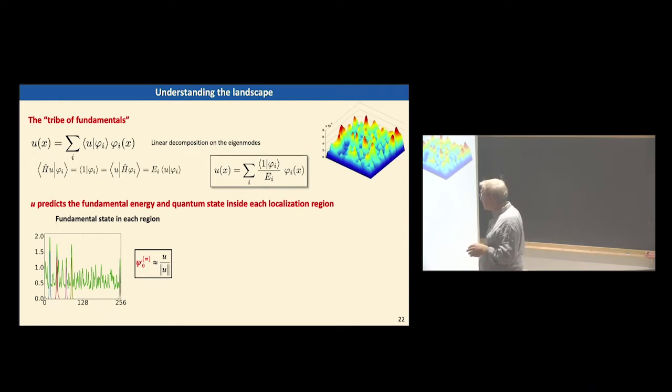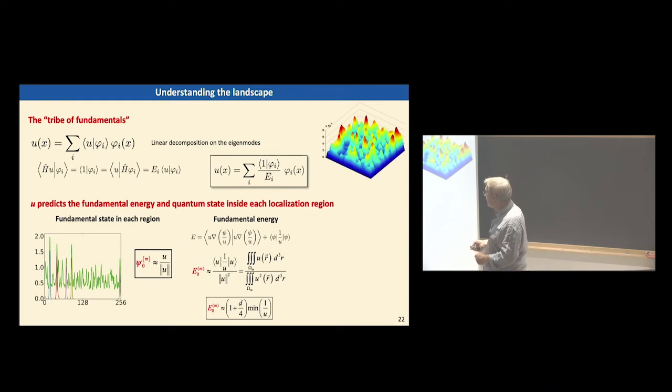But if you say that locally the eigenfunctions look like the landscape, and you plug this in this formula of the energy, the one that I showed you before, the gradient of phi over U squared norm, then this part almost disappears.